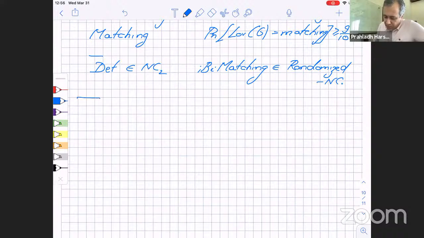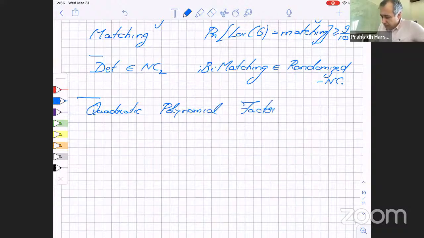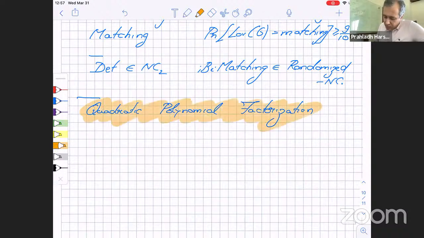I want to talk about another interesting problem, which is quadratic polynomial factorization, or equivalently finding square roots.